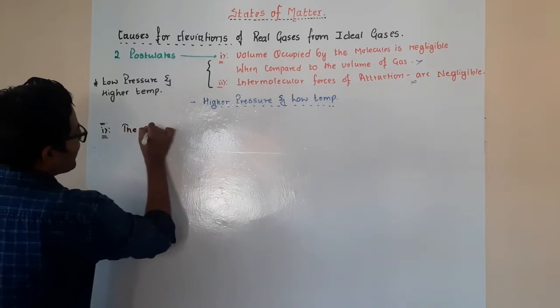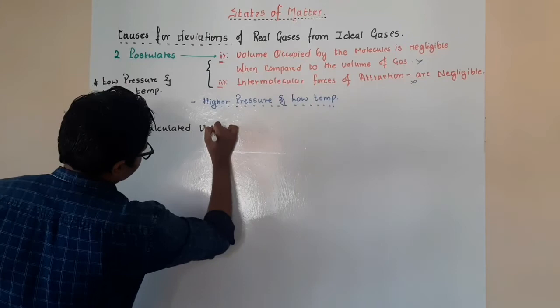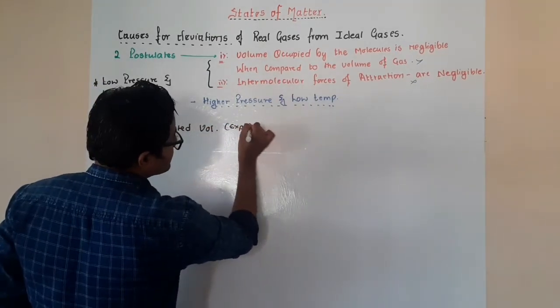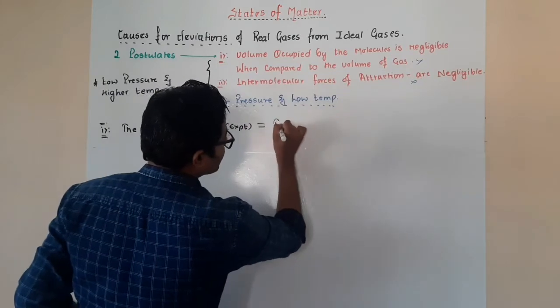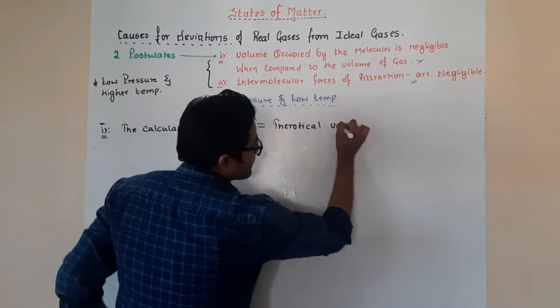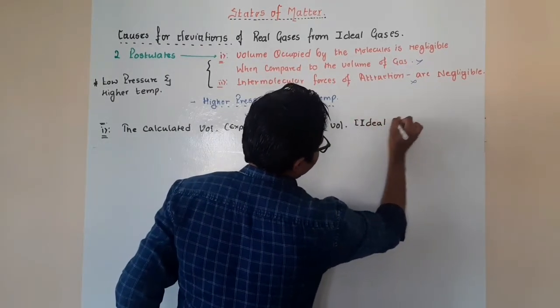the calculated volume, that is, the experimental one, should be equal to the theoretical volumes, such as those of the ideal gases.